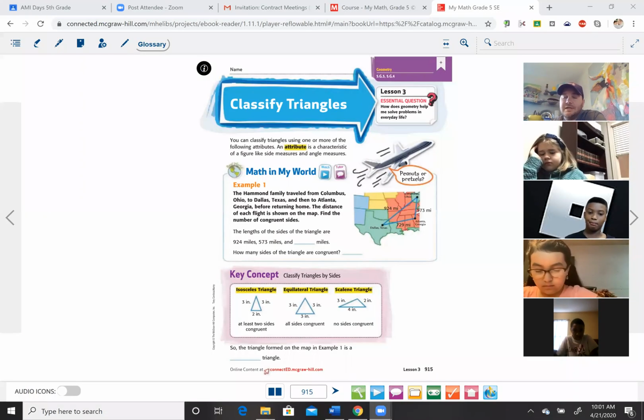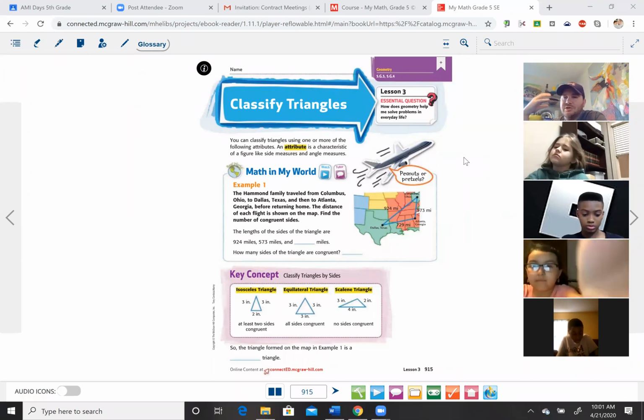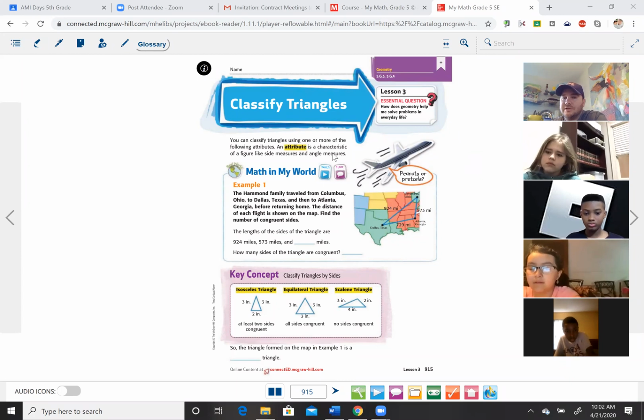So let me go ahead and start screen sharing. Let's get into the book. Triangles. Okay, so again, we're on page 915. Classifying triangles. You can classify them by their attributes. An attribute is basically a characteristic or description of something. In this case, an attribute is a characteristic of a figure, like side measurements and angle measures.